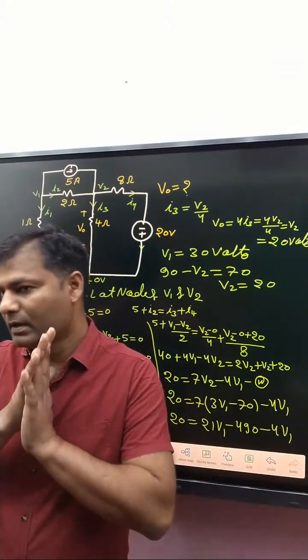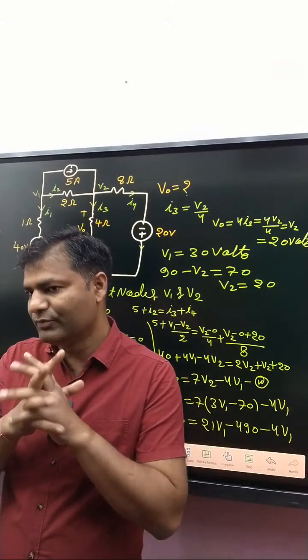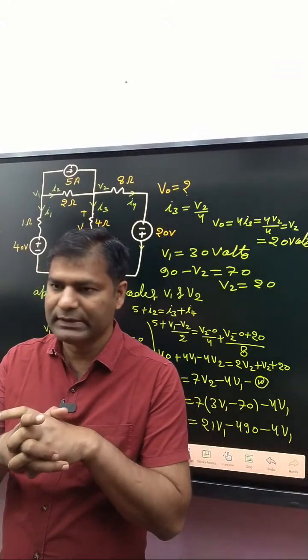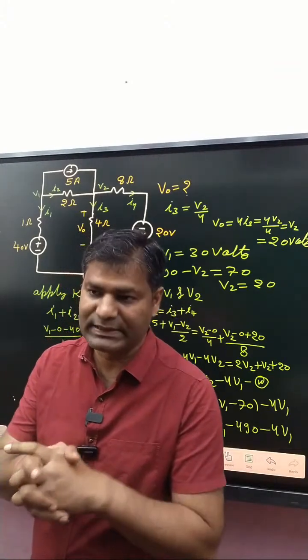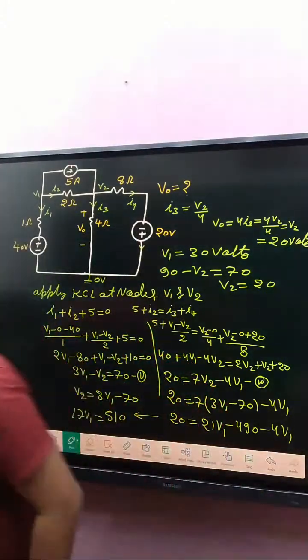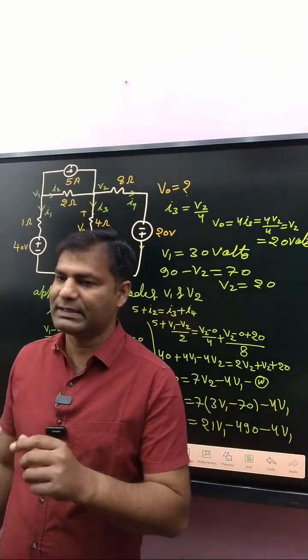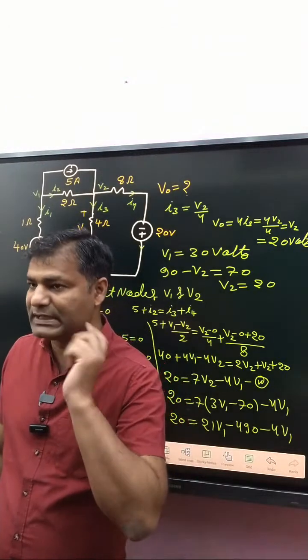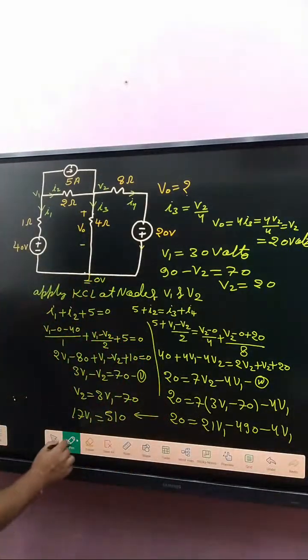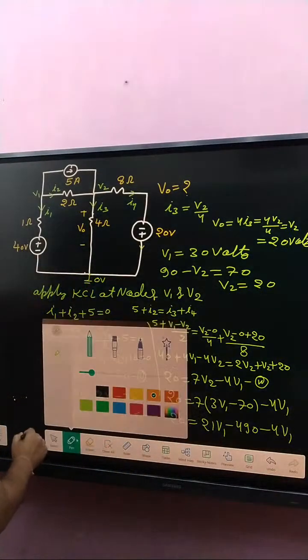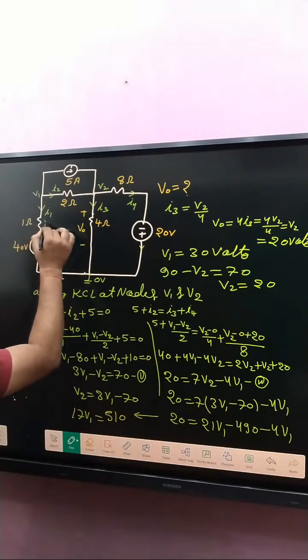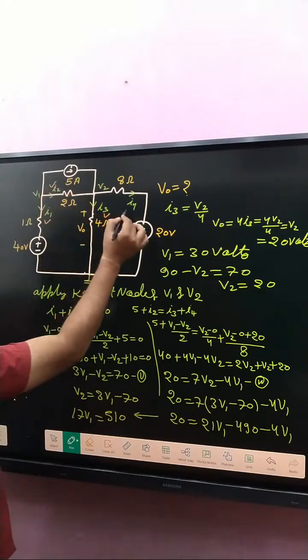Repeat. Our motto: determine V naught with the help of nodal analysis. How can we use nodal analysis? Nodal analysis says first of all decide the branch currents. So we have to consider I1, I2, I3 and I4.